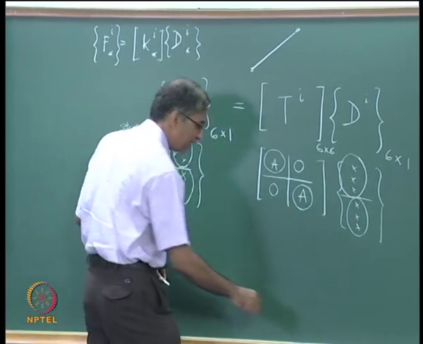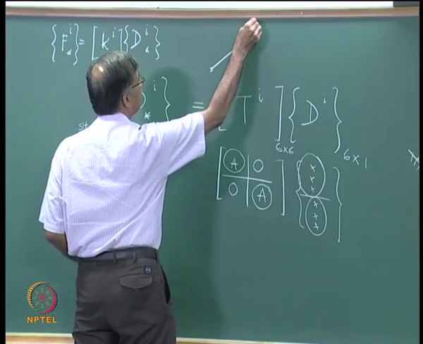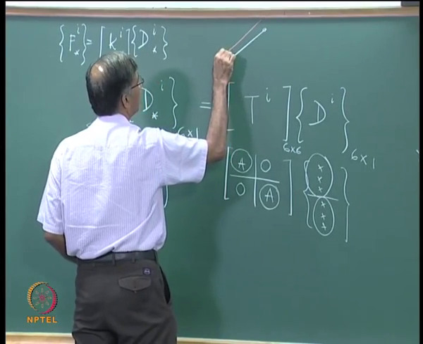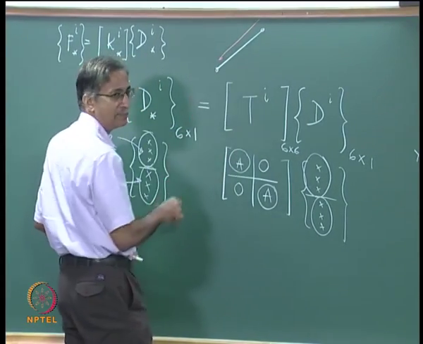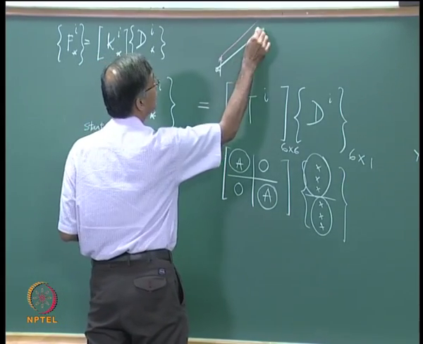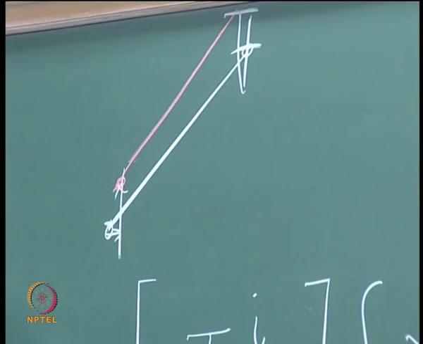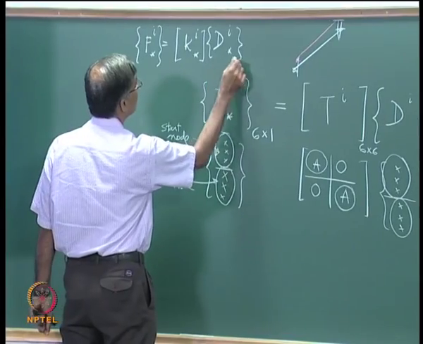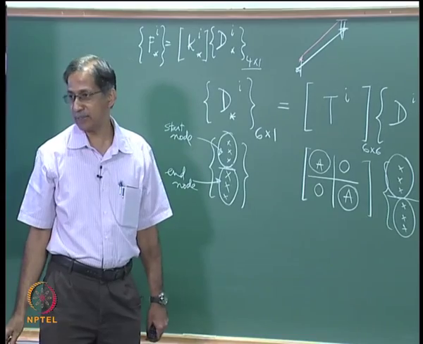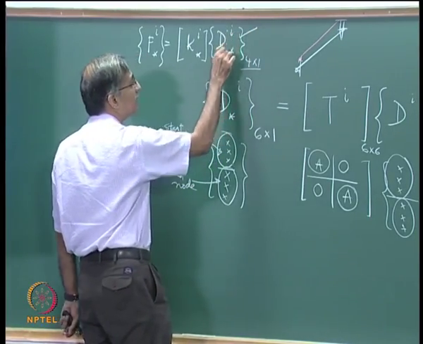I can have an element in a truss like that, which takes a shape like that, right? So certainly I have 4 values for these displacements, right? So the components of this 4 by 1 can be independent, no question about it. So this is a valid vector, the components of these are independent.